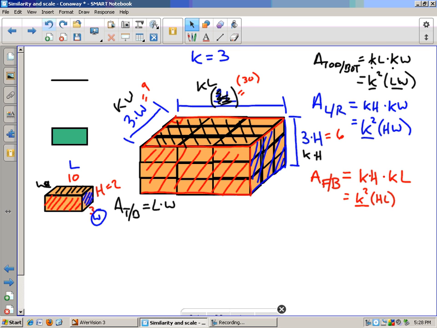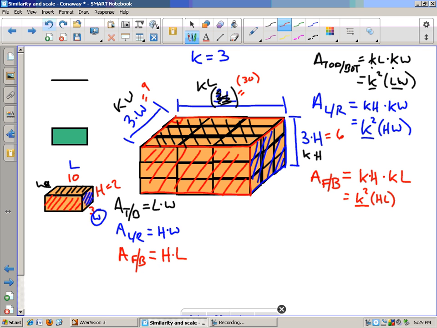The original area of left and right equals height times width. And the original area of front and back equals height times length, or length times height.